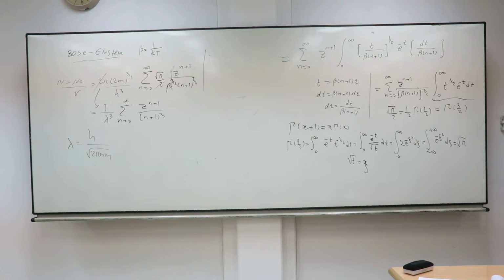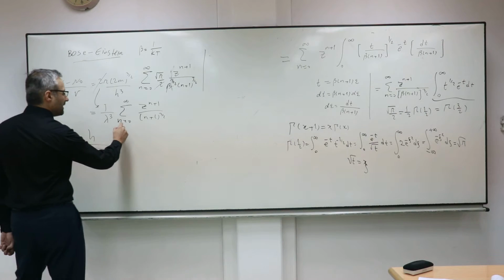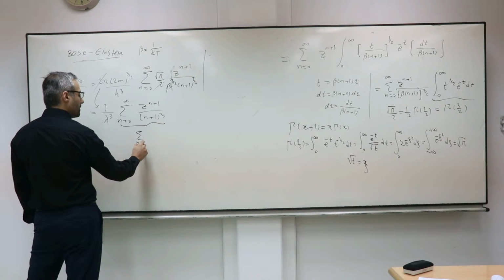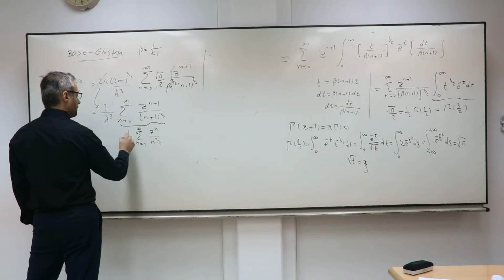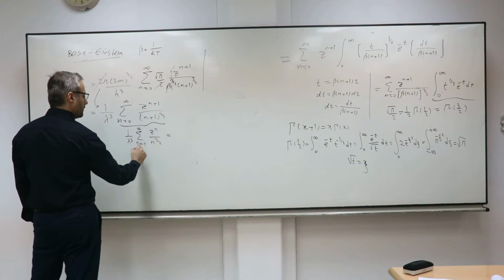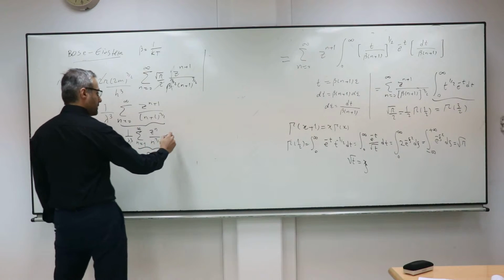It will be 1 over lambda cubed. Just write this lambda here, and you will see that it will be reduced to that. So what is that? This is actually sum from 1 to infinity of z to the n over n to the power 3 over 2. We call it g 3 over 2 of z, the Bose-Einstein function.